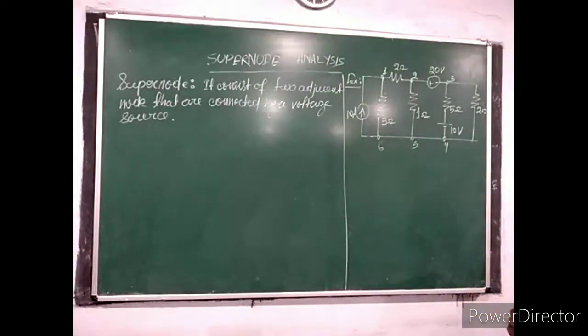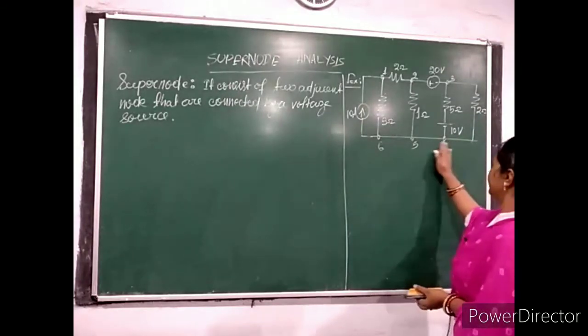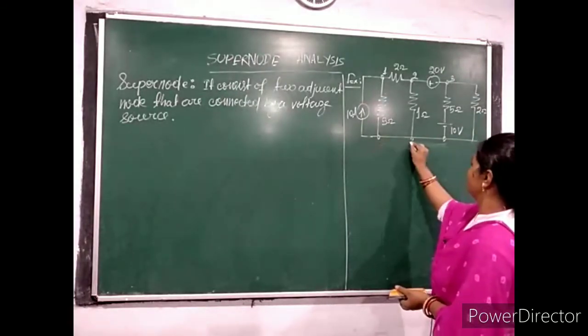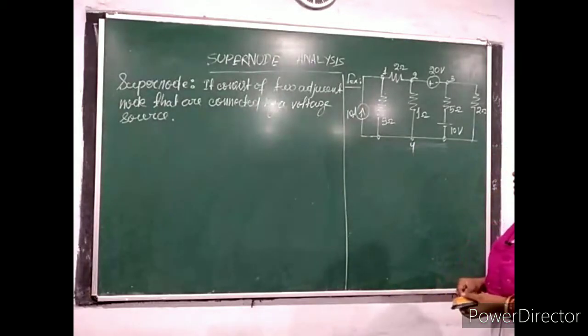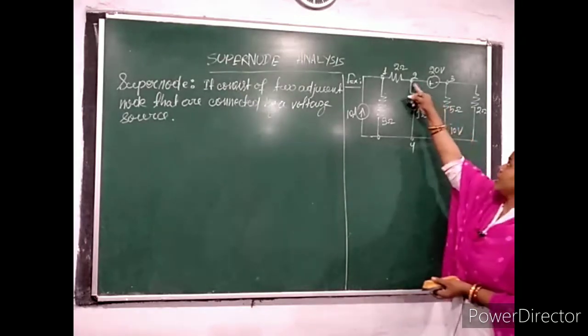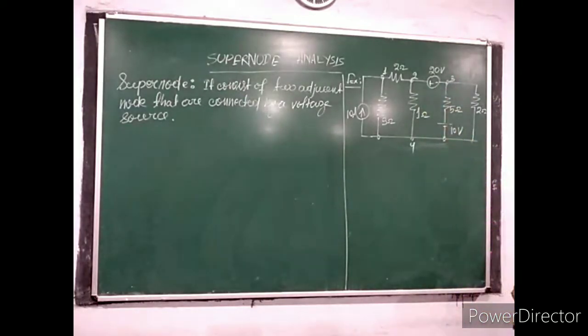The fourth, fifth and sixth nodes are considered as a single node because no such element is connected in between these nodes. Between node 2 and 3 there is a voltage source, so you consider it as a single node, which is called a supernode.